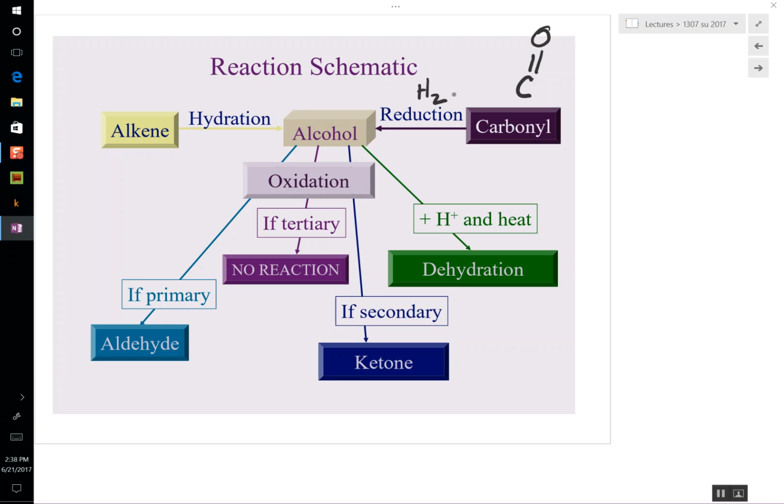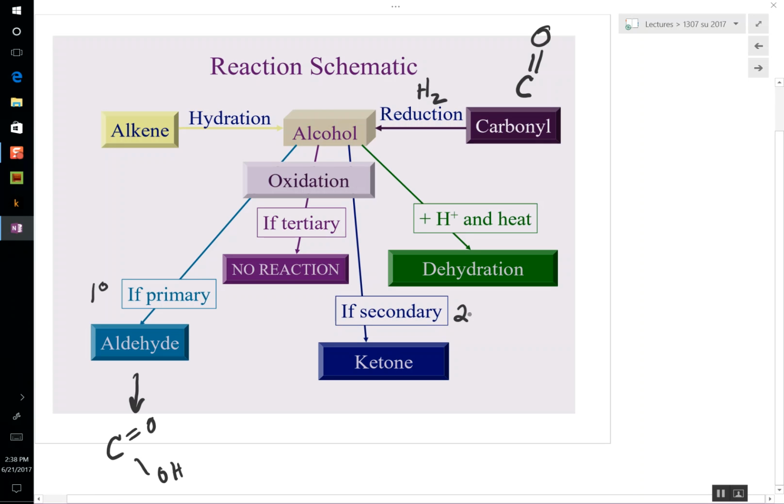A primary alcohol will oxidize to an aldehyde, which then will go to a carboxylic acid. Primary. So I don't know why they don't just use this. Secondary alcohol is going to oxidize to a ketone.